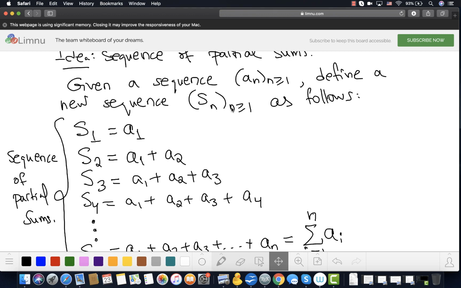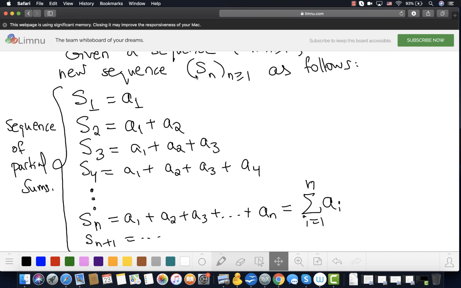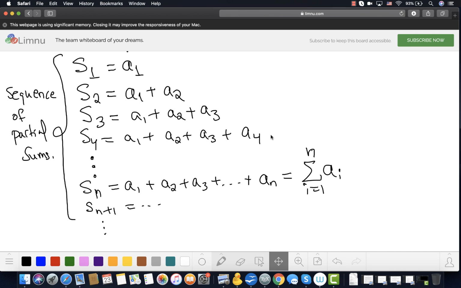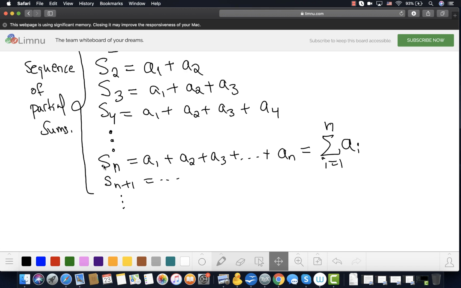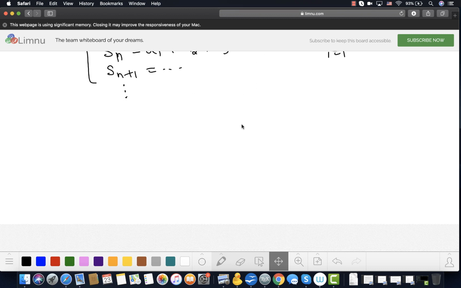So we started with a given sequence a sub n, and from that sequence we defined a new sequence, which I called the sequence of partial sums, and they were defined in this way. So in this way we get a sequence whose nth term is just the sum of the first n terms of the original sequence.